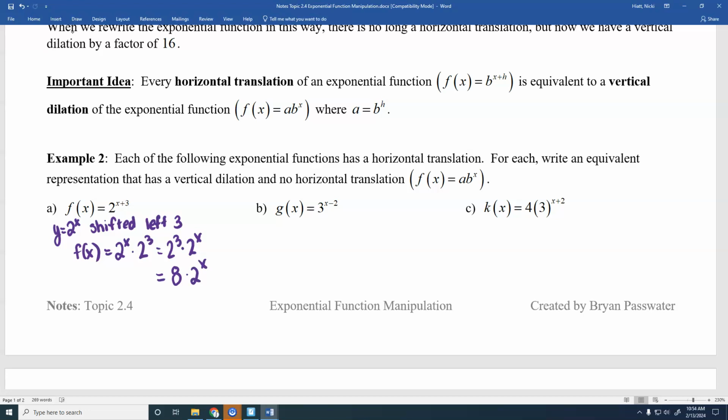And there's my a times b to the x formula, which a lot of times is what we would rather see, because that gives us an initial value and a growth or decay factor. So while it could be y equals 2 to the x shifted left 3, it also could be y equals 2 to the x expanded vertically by a factor of 8.